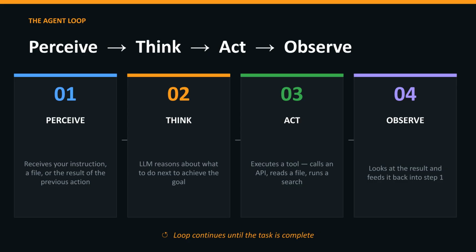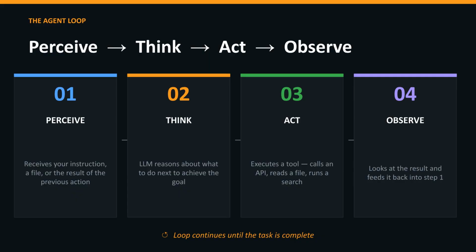What should I do next? Step 3 is act. The agent executes a tool. Maybe it calls a REST API, maybe it reads a file, maybe it runs a search query. These tools are defined by you, the developer. Step 4 is observe. The agent looks at the result of that action and feeds it back into step 1. This loop continues until the agent decides the task is complete.